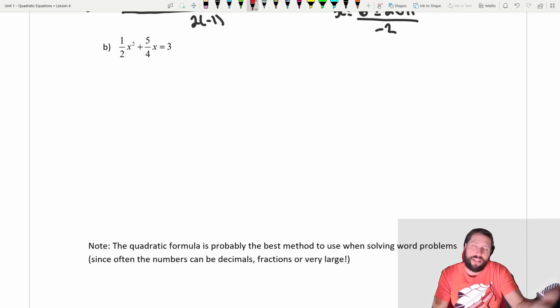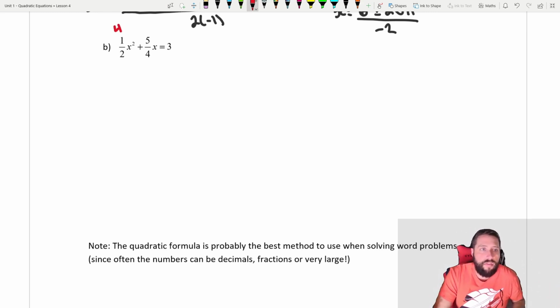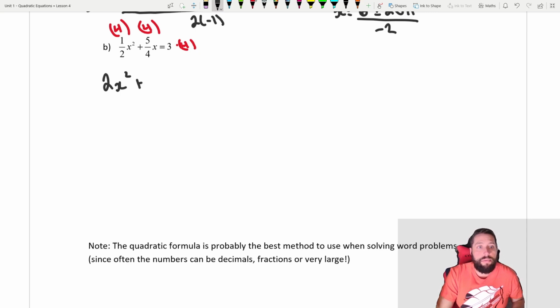The 5 over 4 gets rid of that 4. So half of 4 is 2. We have 2x squared plus 5x is equal to 12. Move the 12 over. We have 2x squared plus 5x minus 12 is equal to 0.